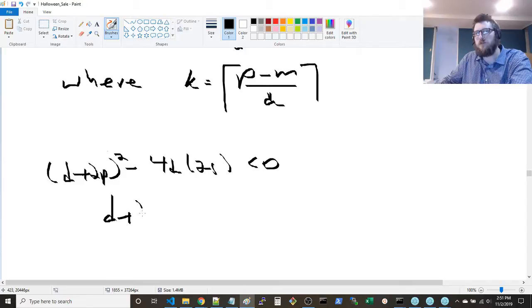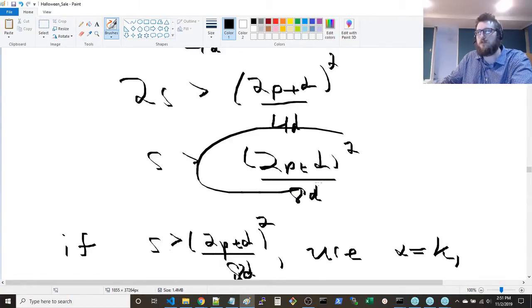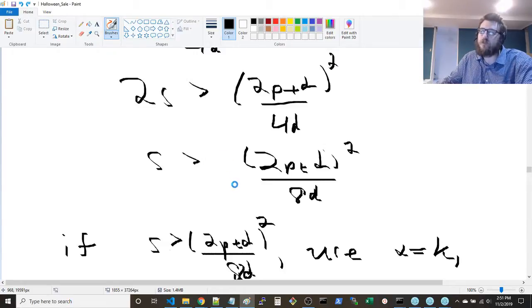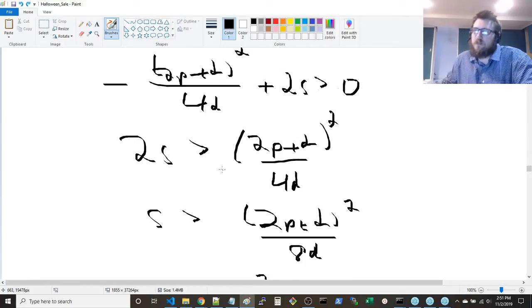You get (D plus 2p) squared over 8, add 8DS over here, 8D. And that gives you exactly what we got here. It's just kind of neat. Quadratic functions are kind of fun for this reason. So anyway, that's the determinant, I think, of the quadratic function.